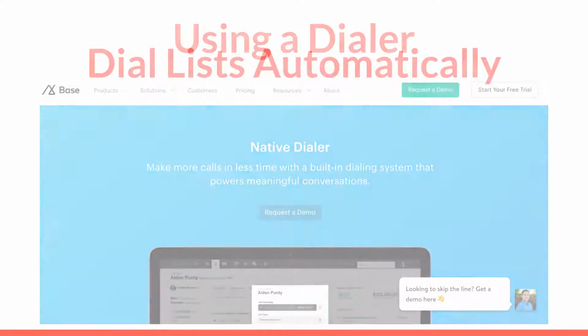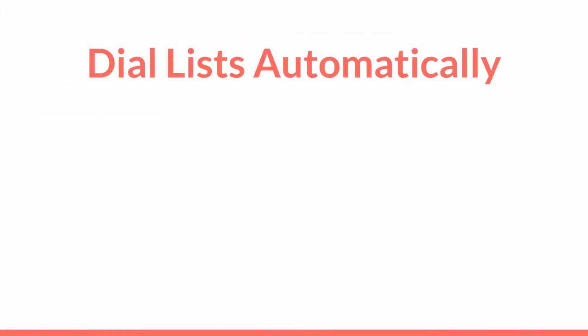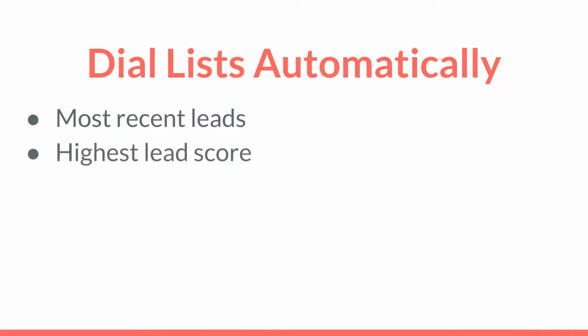As far as how you build lists with dialers, there are some different ways you can do it. You can do it based on most recent. If we're attempting to call people multiple times, you may want to start with just the most recent leads. If someone came in 5 minutes ago, call them as soon as you can. Another way is highest lead score.